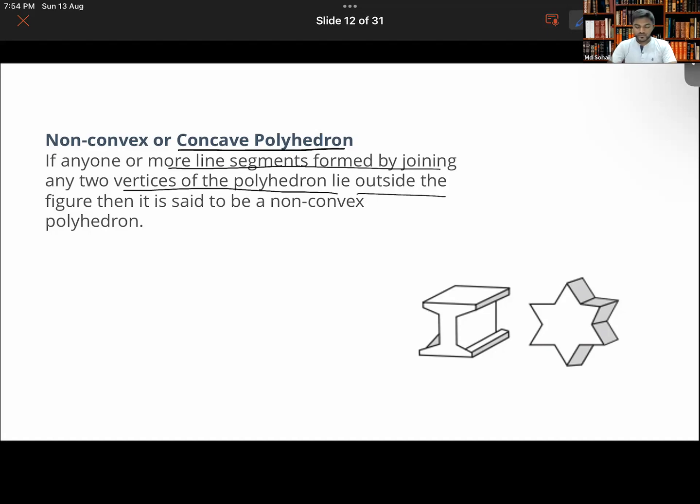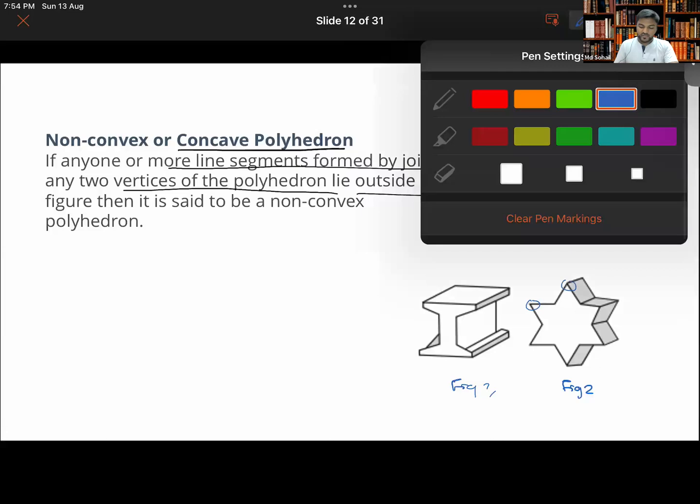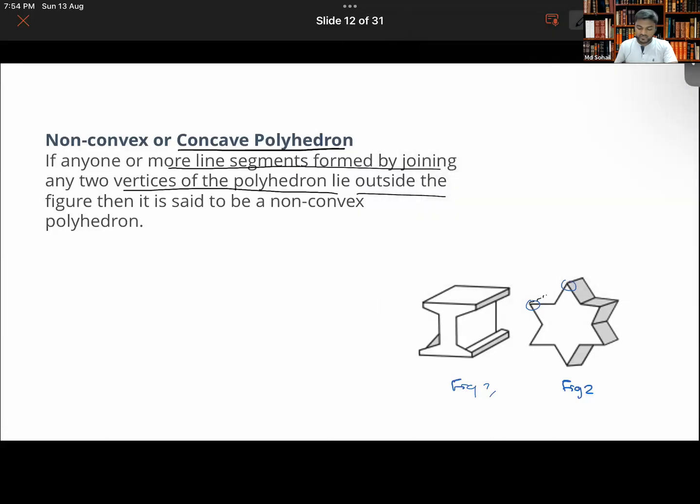See figure number 2 over here. What can we conclude about this vertex and this vertex? If you were to draw a line between the two, is the line inside this figure or outside? Outside the figure. While some of the lines are inside, for example this line, there are exceptions here as well.